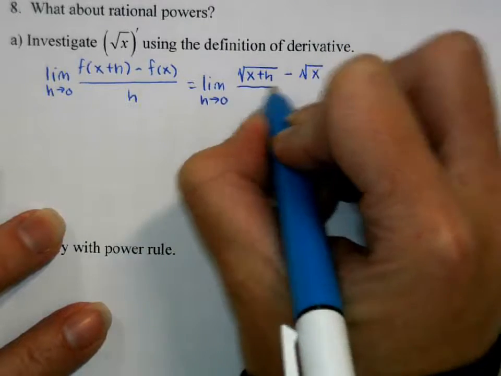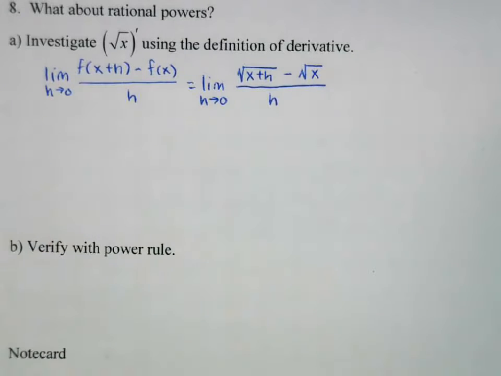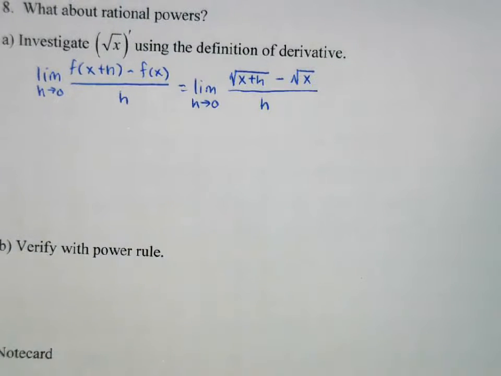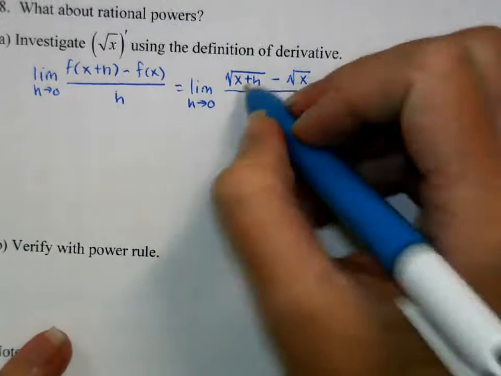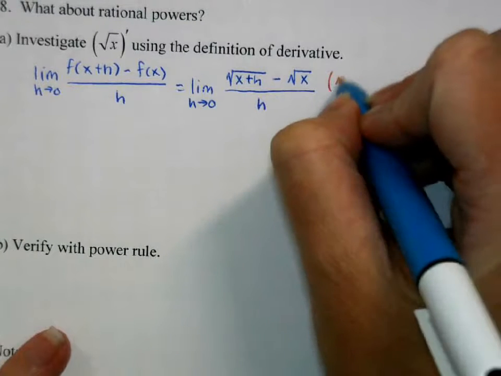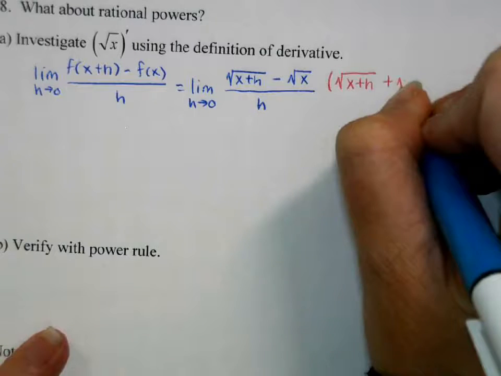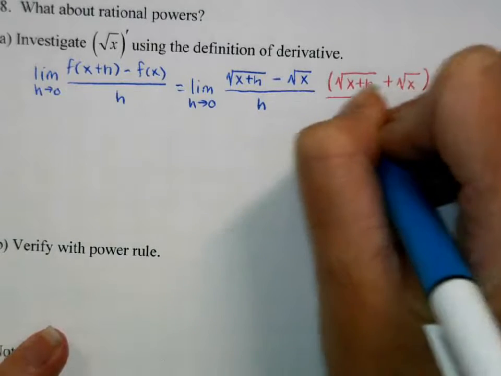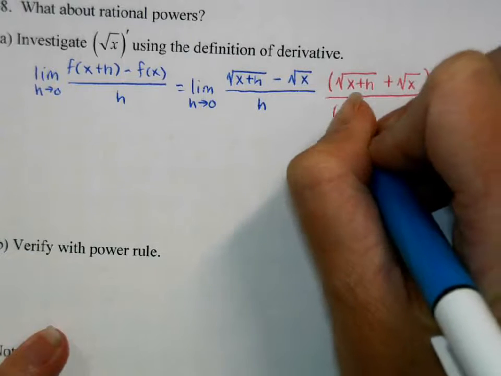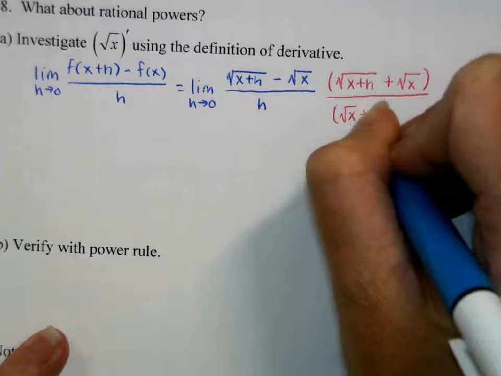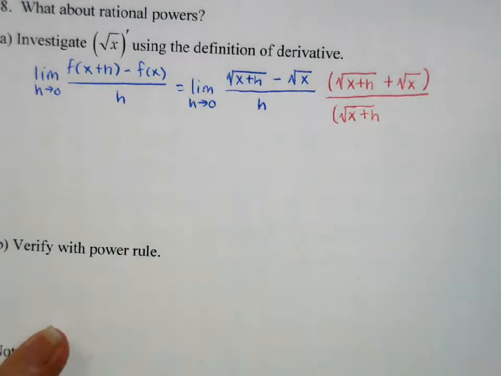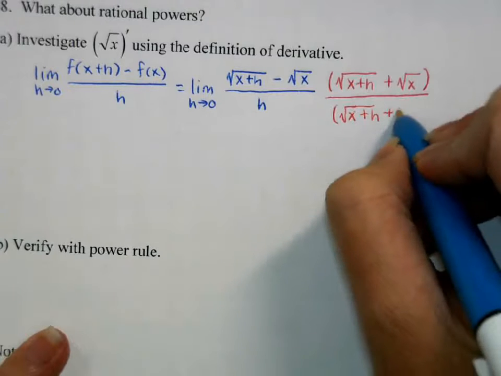So where do we go from here? We want to multiply, when we're dealing with radicals, the conjugate is our best friend. So I'm going to multiply this whole thing by the square root of x plus h plus the square root of x. Okay, why is that helpful?